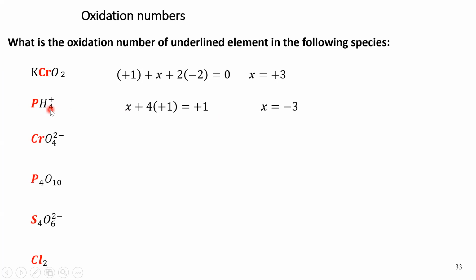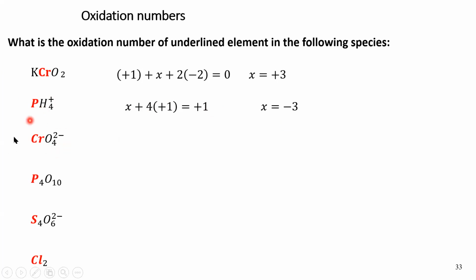There are 4 hydrogens, each hydrogen is a +1, and the sum has to equal +1. So x plus 4 times +1 equals +1. That's x plus 4 equals +1. Subtract 4 from both sides, x equals -3. So the oxidation number for phosphorus in this ion is -3.